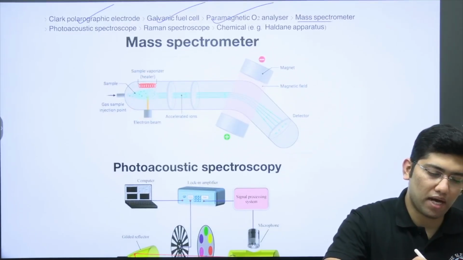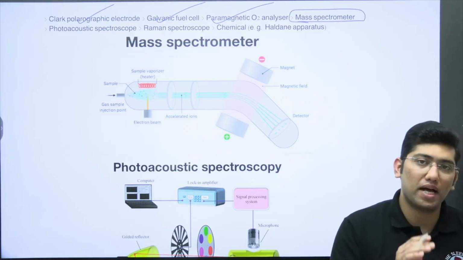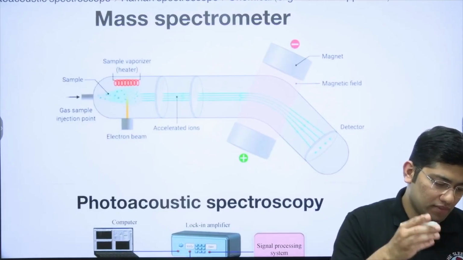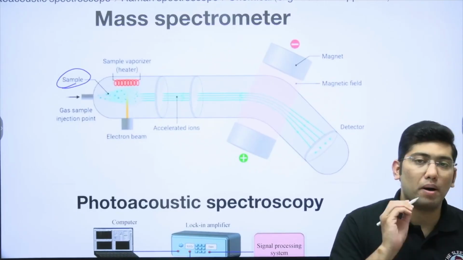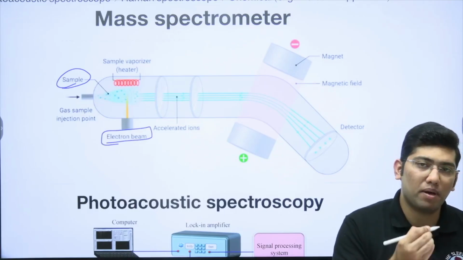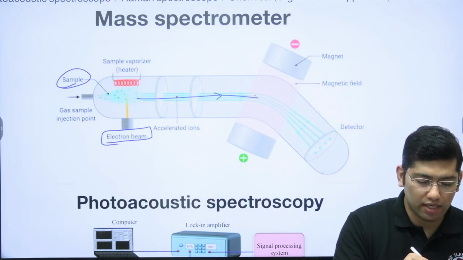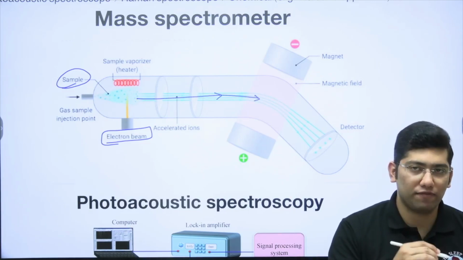Now let's move on to the next one, that is the mass spectrometer. Now, what do you understand by mass spectrometer? So the concept is very simple. We have a gas sample which is bombarded with an electron beam. After it's bombarded, it is accelerated through a channel where it's subjected to a strong magnetic field.